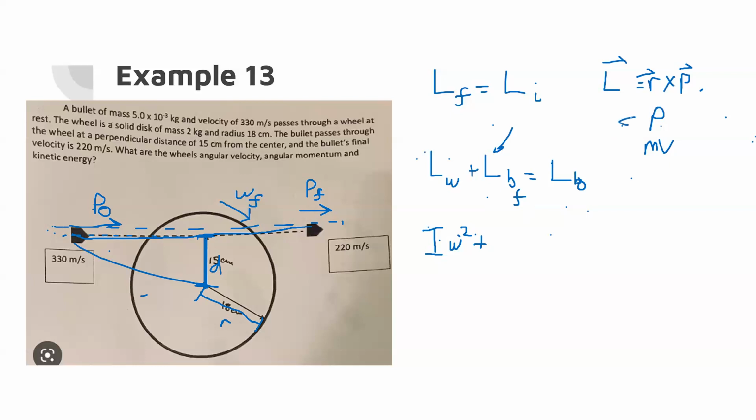So this is going to be d, and then we're going to go with d times m final is equal to d times m initial.